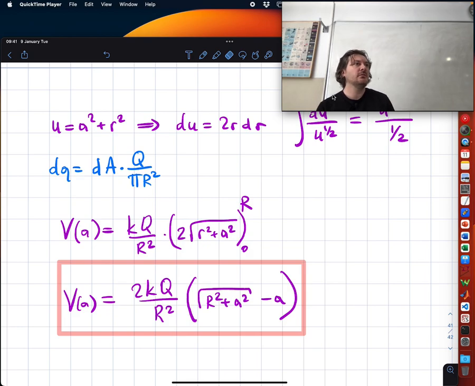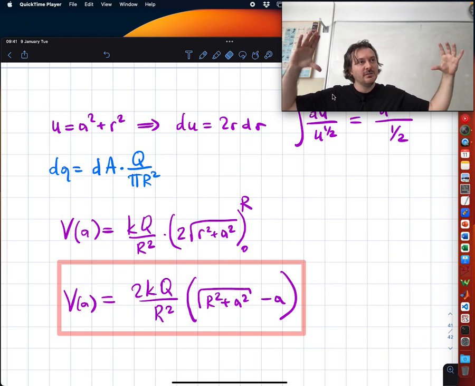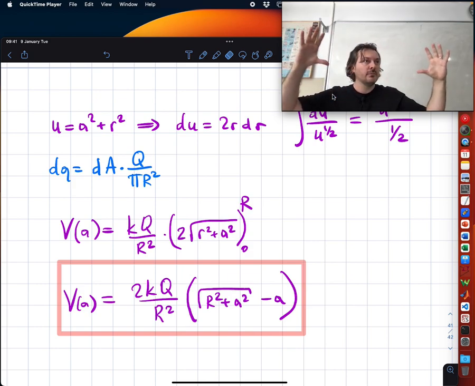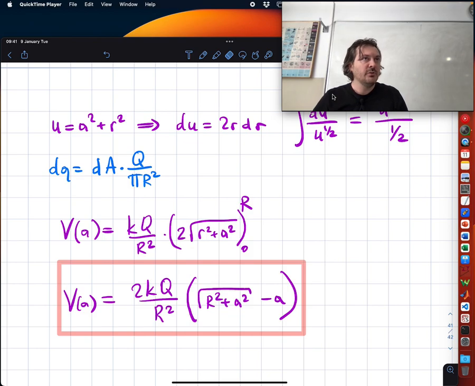Can you do it? Yes. Can you repeat the question, please? The question was if it's an annulus, a disk going from A to B, can you generalize what you have learned here to do it in the exam? I think you can, but you need serious practice to do it right.